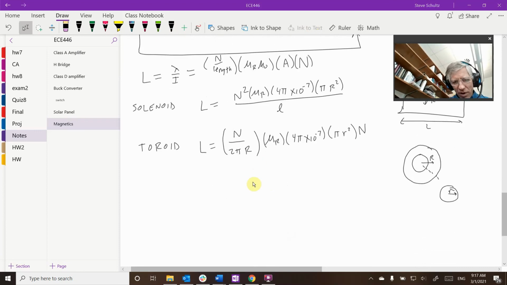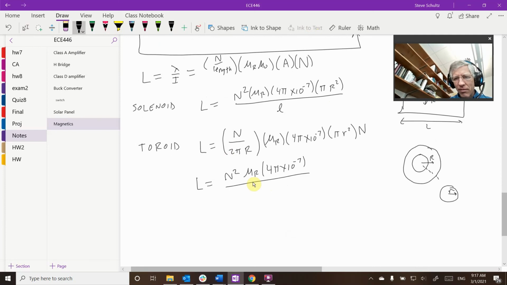Putting all this together, my inductance is equal to N squared mu r times 4 pi times 10 to the minus 7, divided by, the pi's cancel, and then we have little r squared over 2 big R. That is my inductance for a toroid. This is my inductance for a solenoid.